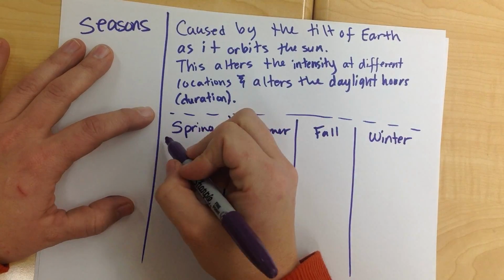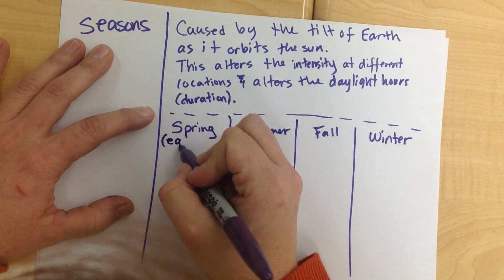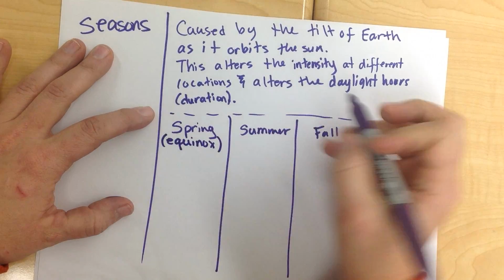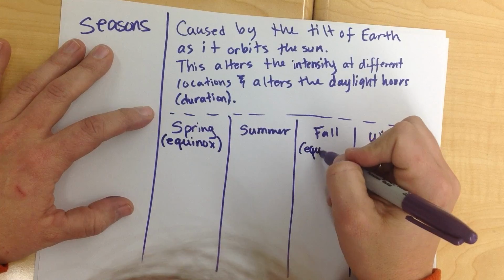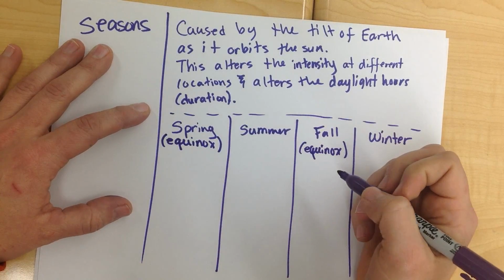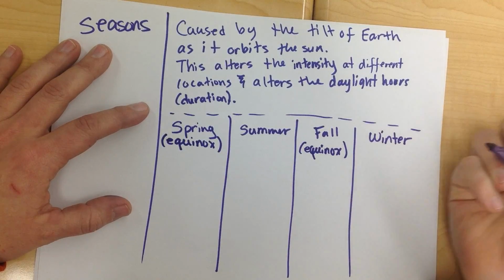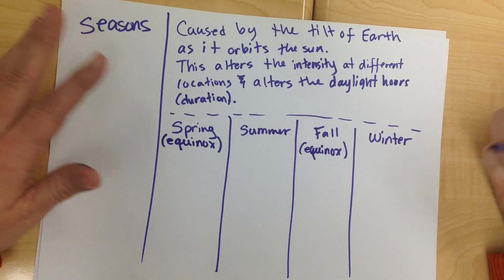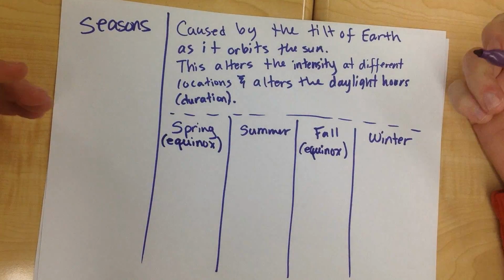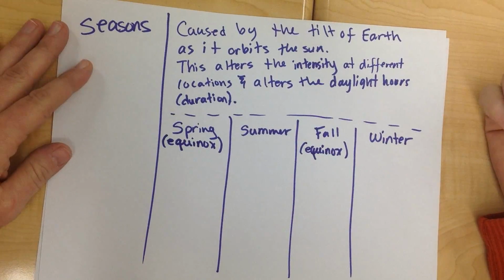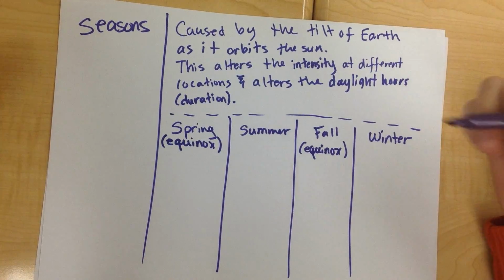All right, first let's get some terminology. We call spring and fall an equinox. Now remember these prefixes, these roots that we're looking at. We saw equator, it's in the middle. Equidistant, we're making sure our spaces are the same space apart. Equal, they are the same.